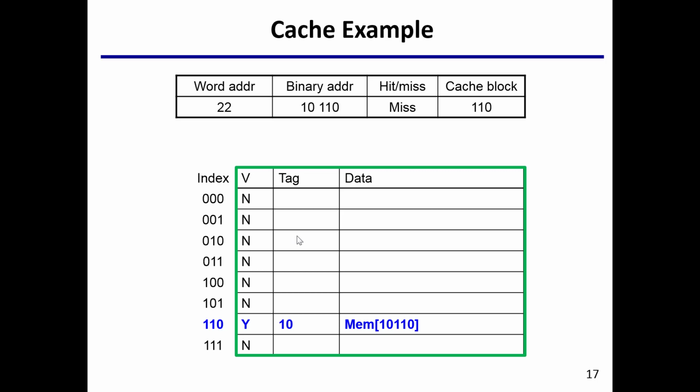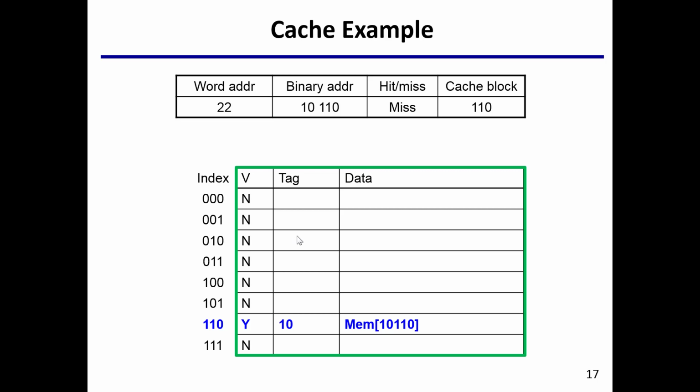So the tag is 2, the index is 6, and once I have the tag and the index, I can figure out if that thing was in the cache, which of course it was not, so that was a miss. After the miss is serviced, the cache will have brought the word at that address from memory up into the cache.